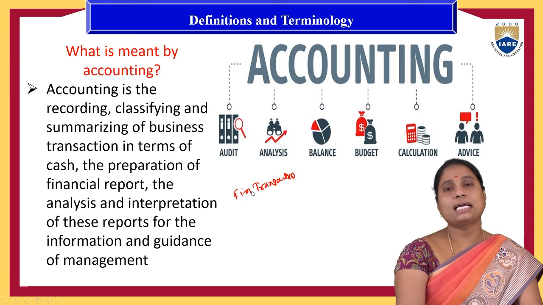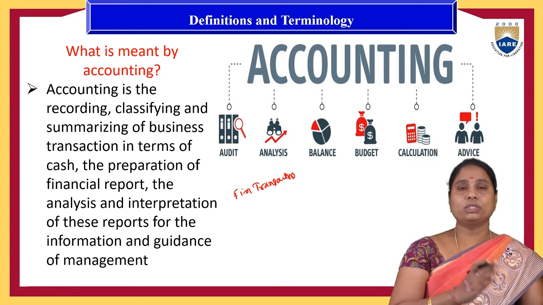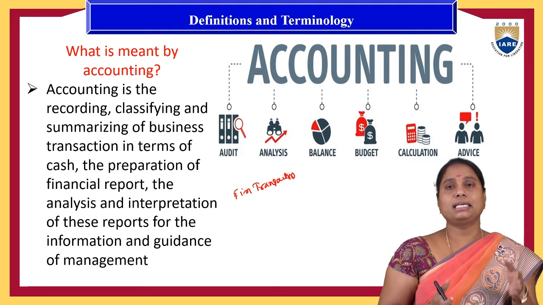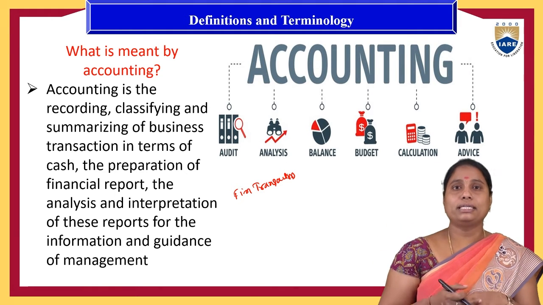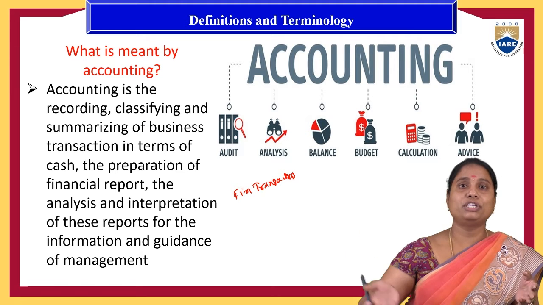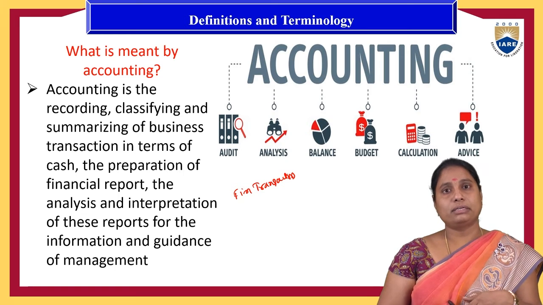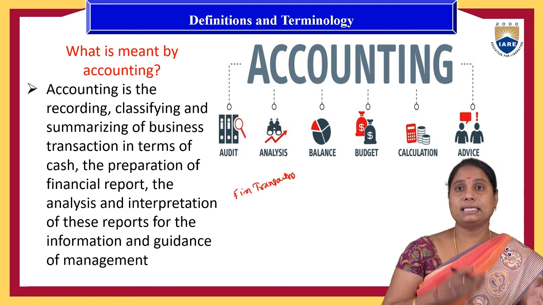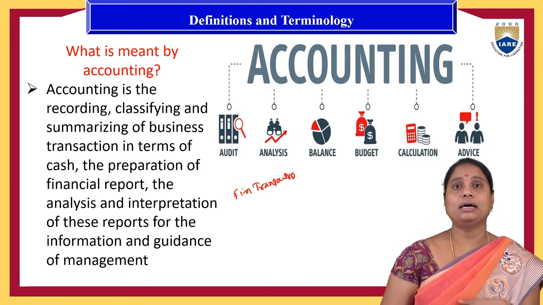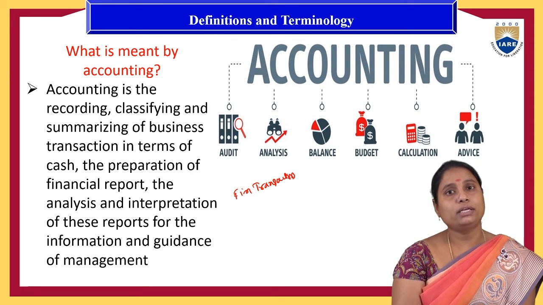After recording, they are analyzing and classifying what is coming in and what is going out, and summarizing whether it is balancing or not. Then they are interpreting, which means what the profits and expenditures are at gross profit levels and at net levels, and finally what their assets and liabilities positions are. They are all communicating. To whom? To the users.